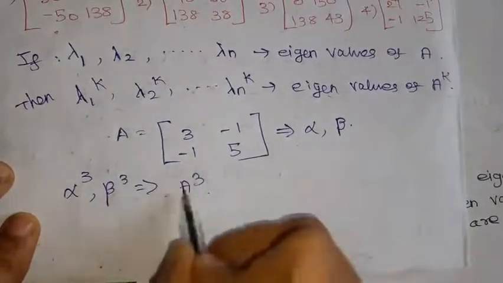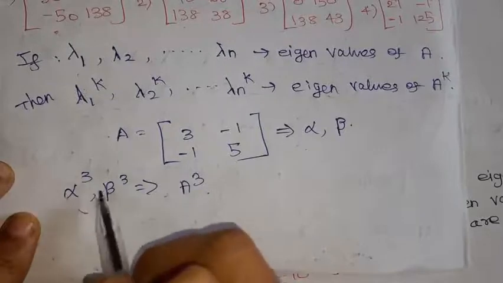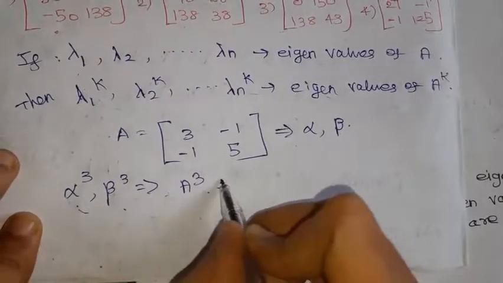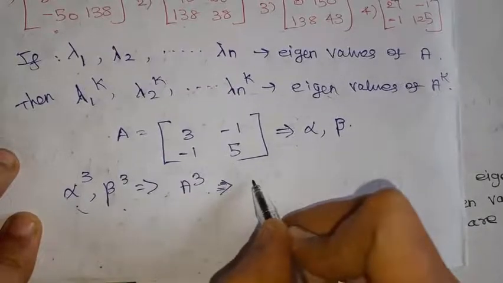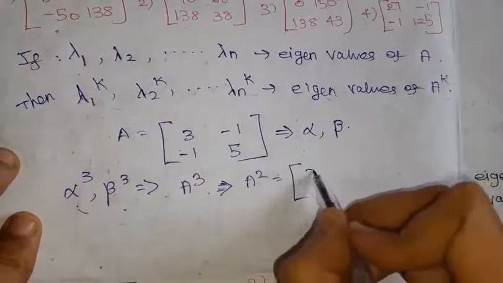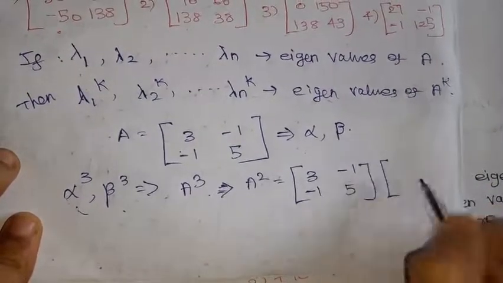So we just find A cube. A cube means first we find A squared. A squared is nothing but A into A. Just normal matrix multiplication.